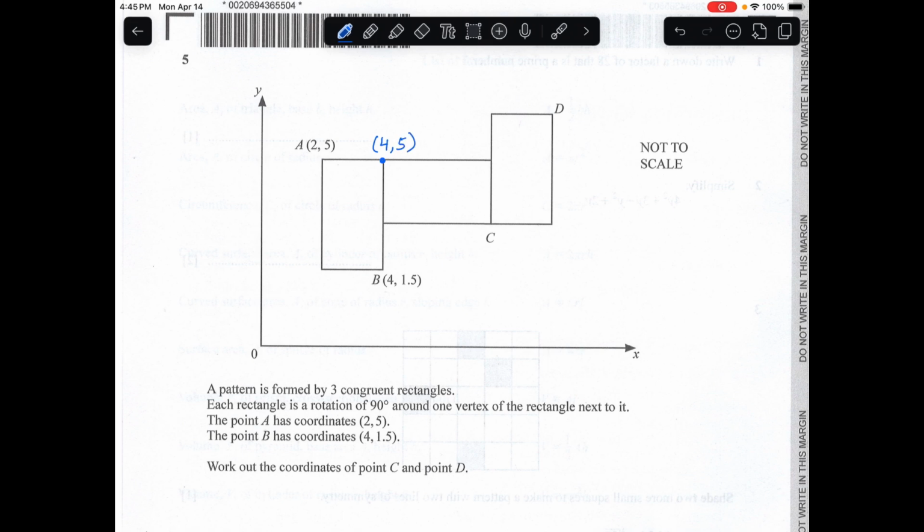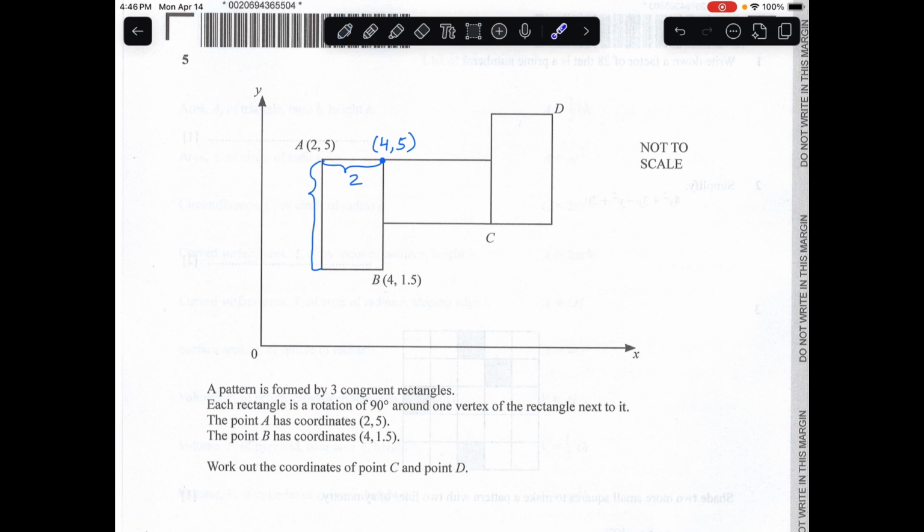Now we need to think about what this length is. This length is the difference between the x coordinates, which is equal to 2. Then we need to think about the length of the rectangle.